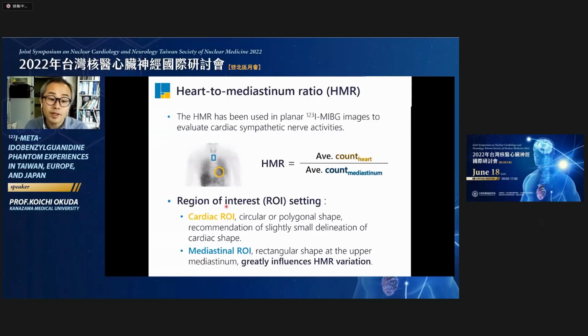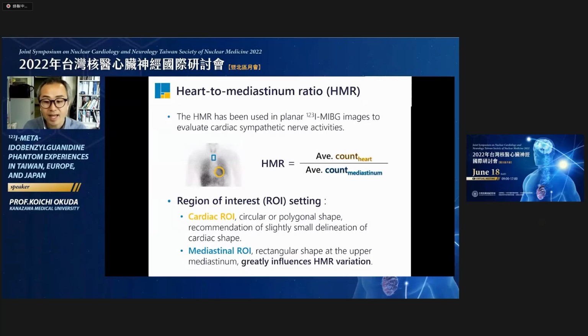Regarding region of interest, ROI, setting, the cardiac ROI is set as a circular or polygonal shape. We recommend slightly small delineation of the cardiac shape. The mediastinal ROI is set as a rectangular shape at the upper mediastinum.